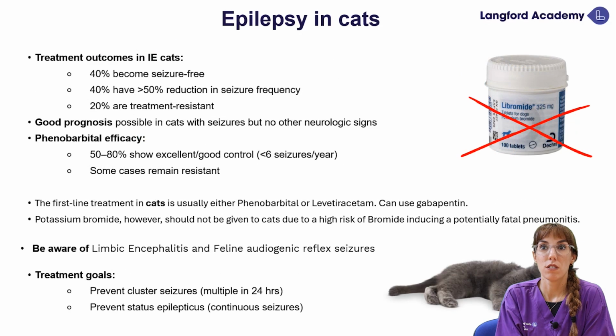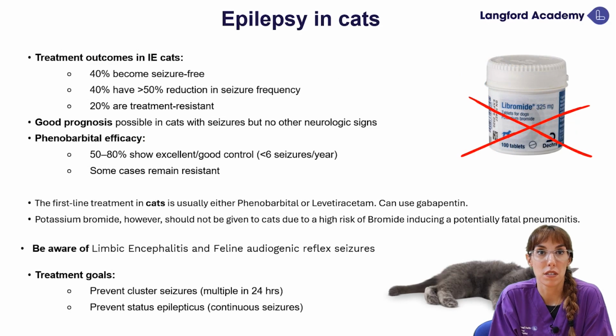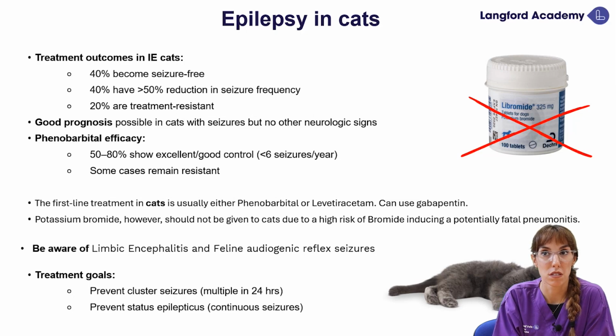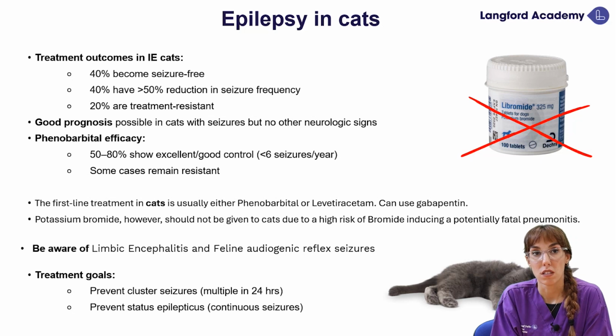Around 40% of cats with idiopathic epilepsy become seizure-free on treatment, and another 40% will show marked improvement, with only 20% of them potentially becoming treatment resistant. So cats with seizures and no other neurological signs can still have a very good prognosis and behave similar to dogs.